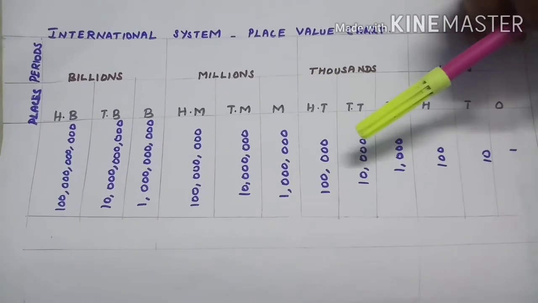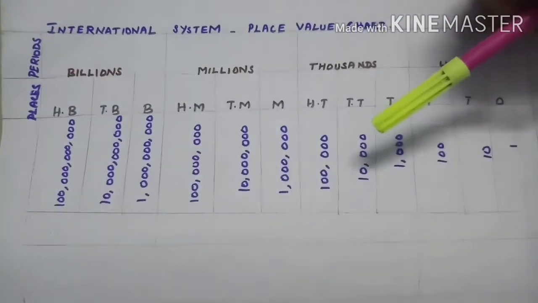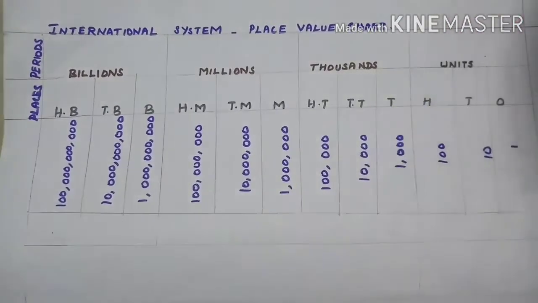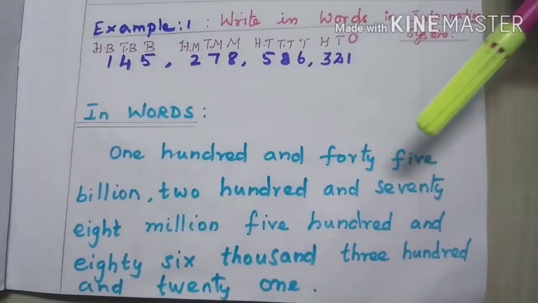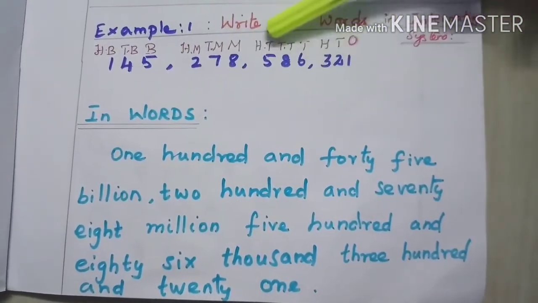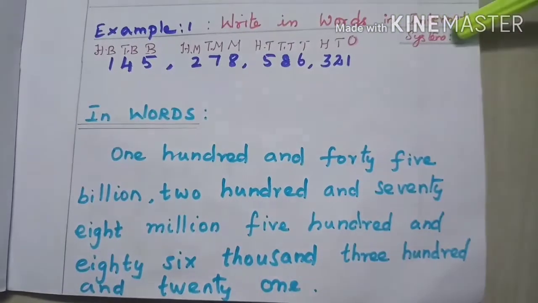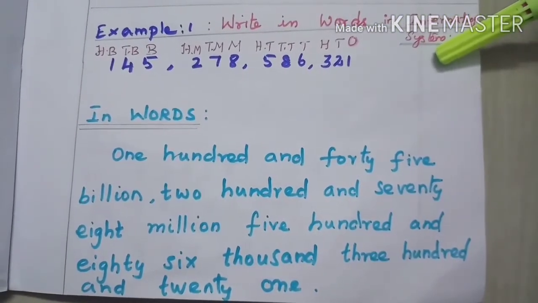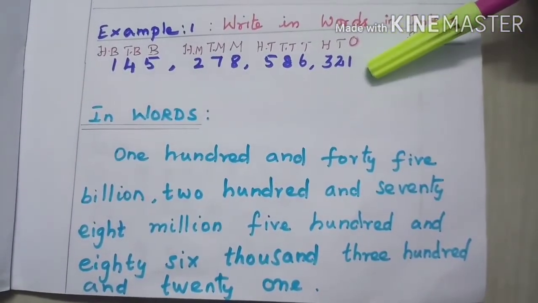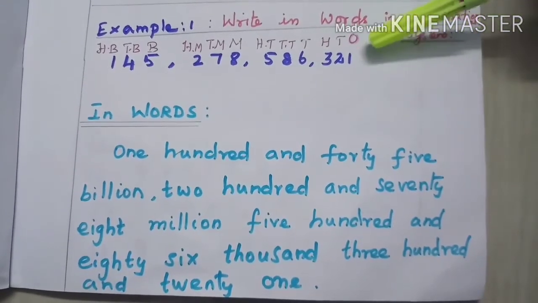Now we are going to write it in words. How we are going to write it in words? The first example, write in words in international system. So a number is given and how we are going to write it in words.